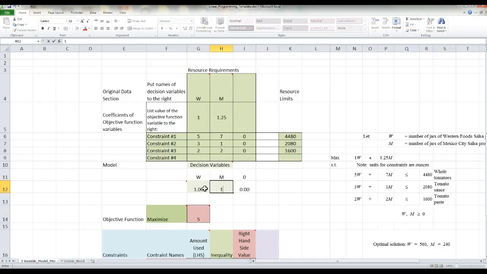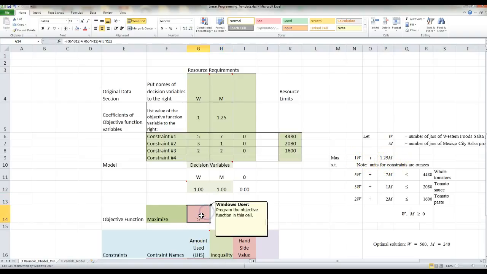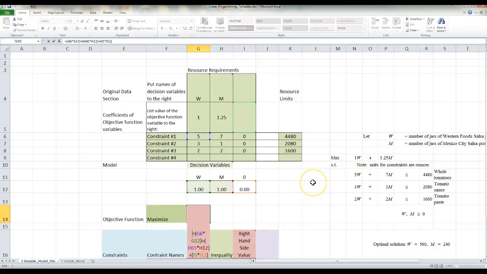So to be safe, I usually start my linear programming solutions off with an initial value of 1. And then we're going to have an area for the objective function calculation. And we know that the objective function calculation is 1W plus 1.5M. I've already typed this equation in. Let's make sure it's the right equation.